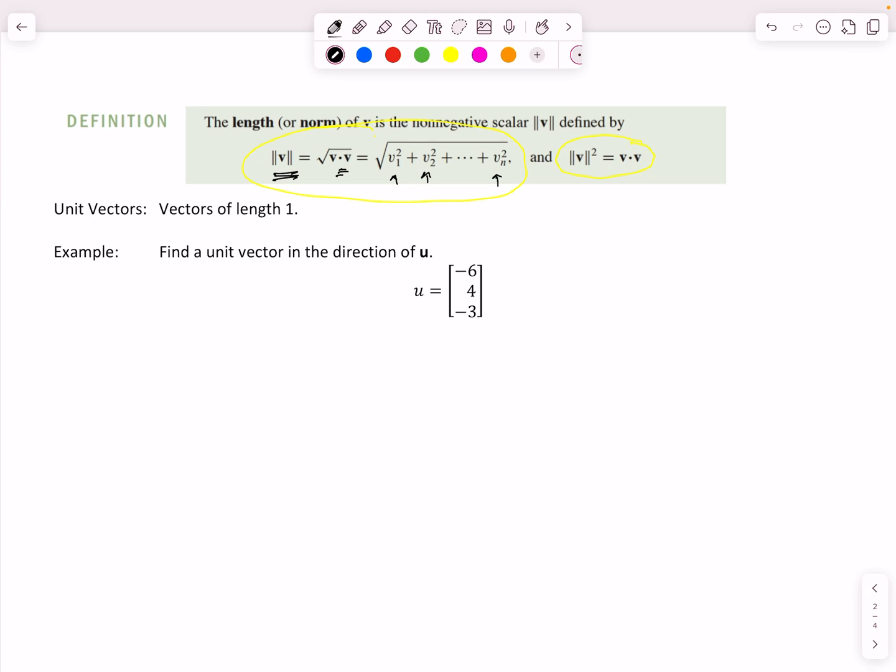So let's talk about unit vectors. These are vectors whose lengths are 1.